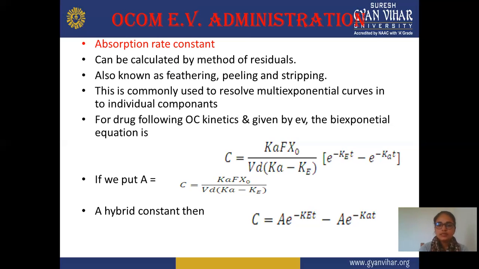For a drug following one compartment kinetics and given extravascular, the biexponential equation for absorption rate constant is C = Ka Fx0 / Vd (Ka - Ke) (e^(-Ket) - e^(-Kat)). When we put A equal to the absorption term, the equation gets simplified, giving C = Ka Fx0 / Vd (Ka - Ke), because in this phase absorption takes place. The hybrid constant form of this equation is C = Ae^(-Ket) - Ae^(-Kat). This is the hybrid constant equation for the absorption rate constant.